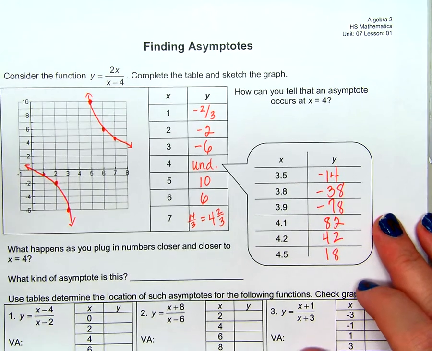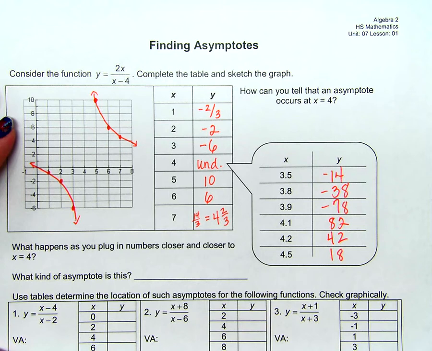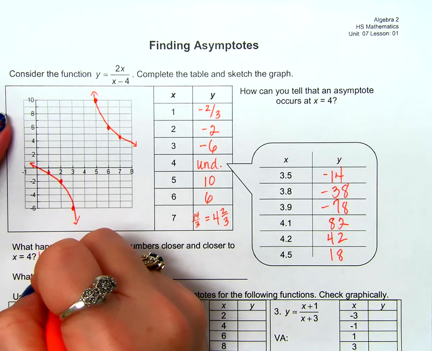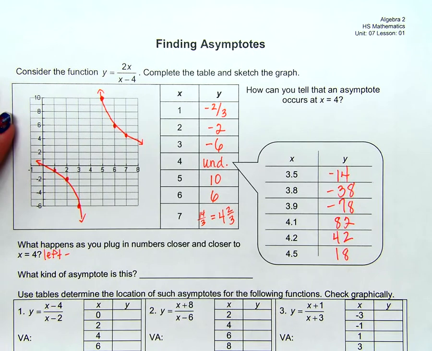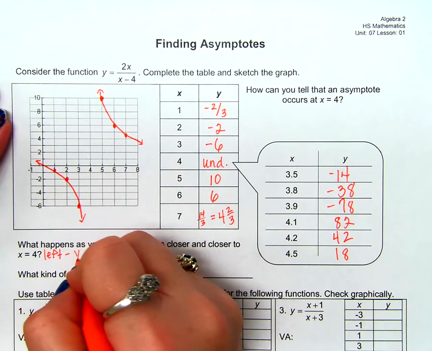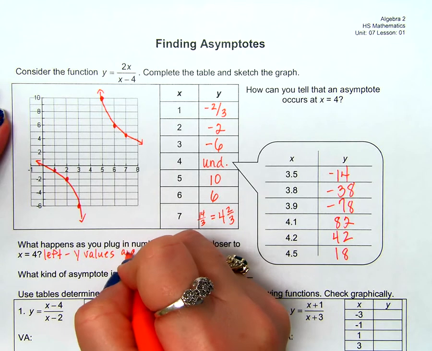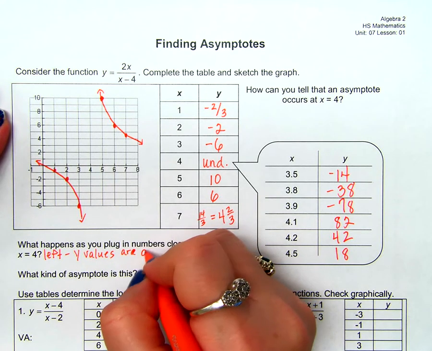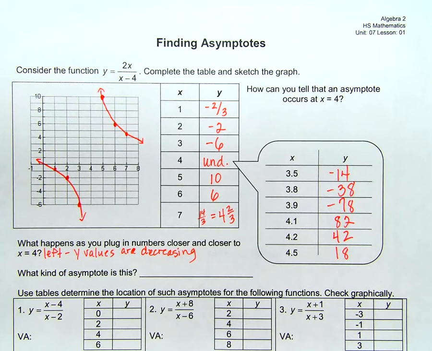Can we say that in a maybe slightly different way? Decreasing, getting smaller, something like that, right? So if we're talking about from the left, y values are decreasing. I'm fine with that.